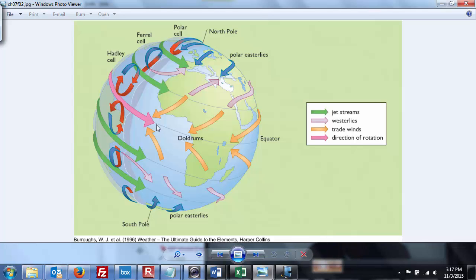The result is that in the northern hemisphere, northbound winds tend to veer to the right. So as the Earth rotates this way, any wind that's going that way sort of appears to be heading to the right along with the direction of rotation, and just the reverse is true in the south.